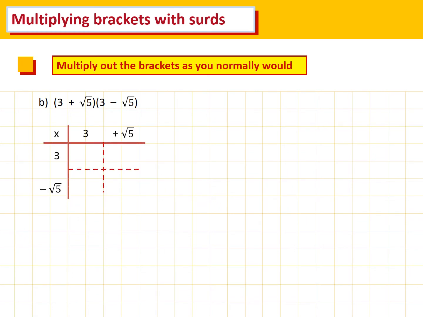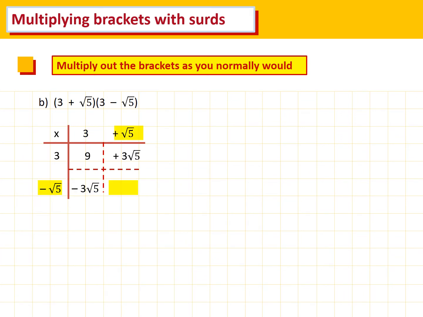On the top row, I've got 3 plus root 5, which is the first bracket, and in the first column, I've got 3 subtract root 5, which is the second bracket. 3 times 3, that gives us 9. 3 times positive root 5 is positive 3 root 5. 3 times negative root 5 is negative 3 root 5.